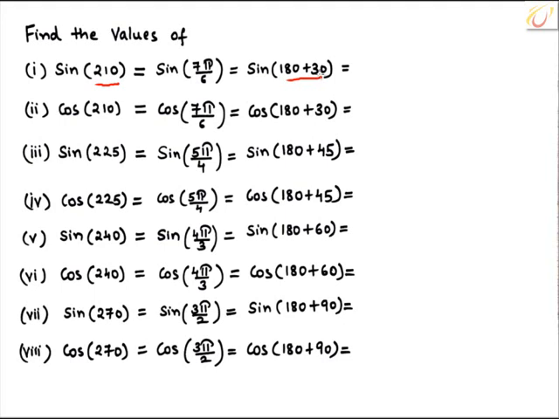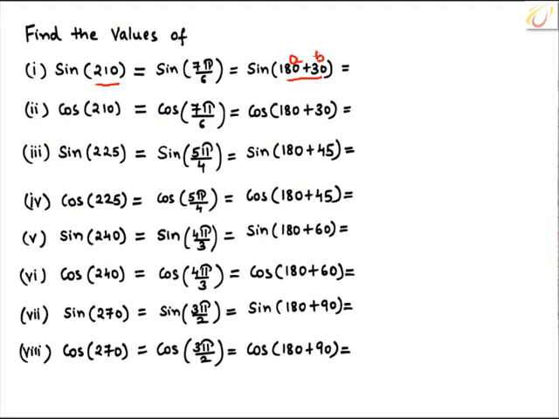Which formula will you use? Sine A plus B, which is sine A multiplied by cos B plus cos A multiplied by sine B. Here you will put the value of sine 180 as 0 and cos 30 as root 3 by 2.